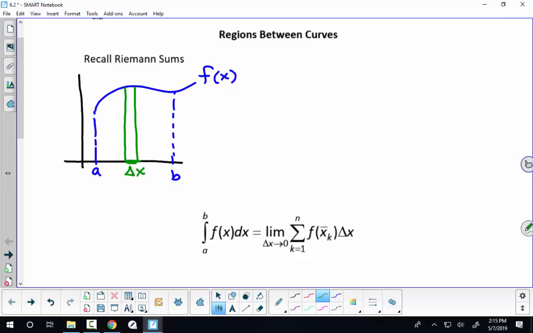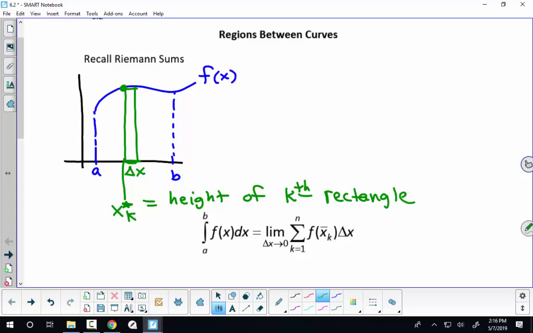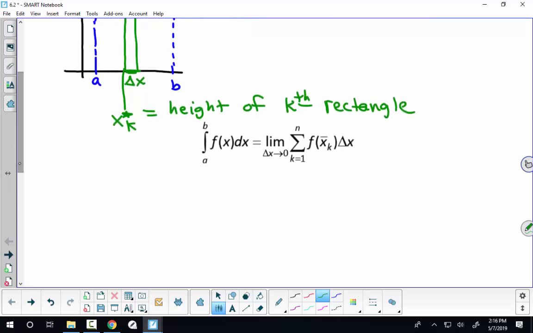But the height of the rectangle was determined by wherever we chose to evaluate the rectangle, and we called that our x star sub k. That was the height of the kth rectangle. Sorry, they're using x bar here. This is x star.